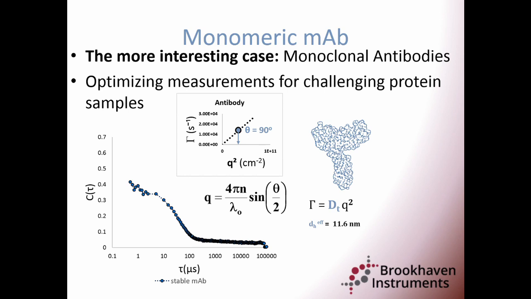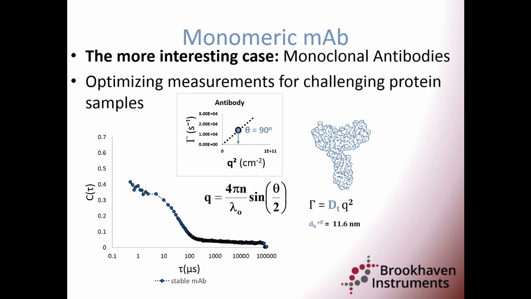Remember, mAbs are kind of big and floppy proteins. They're not quite as compact and globular as a lot of other conventional proteins. So 12 nanometers diameter, and we're able to measure the size of this one thing that's present in solution.